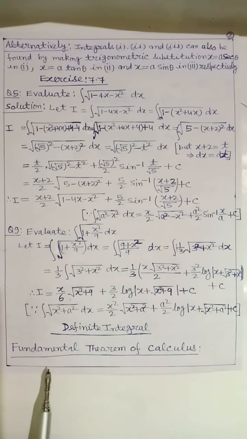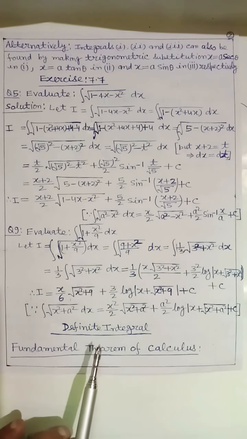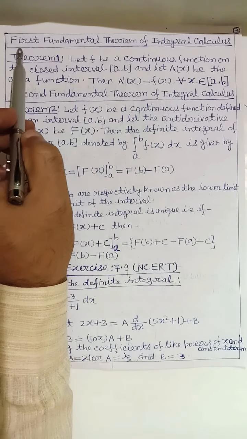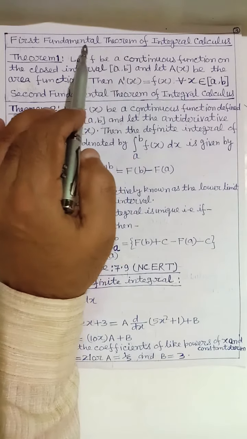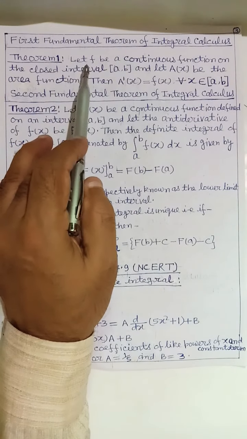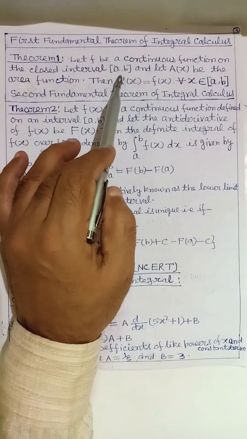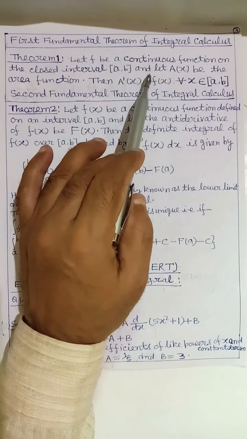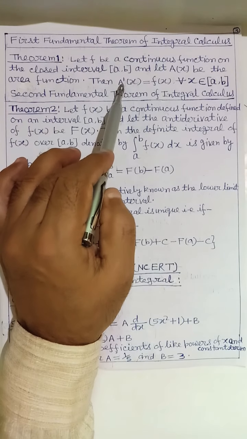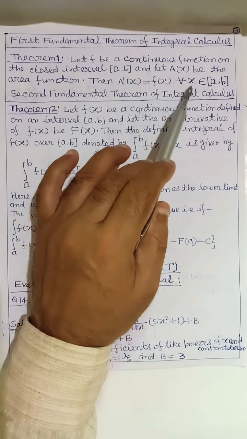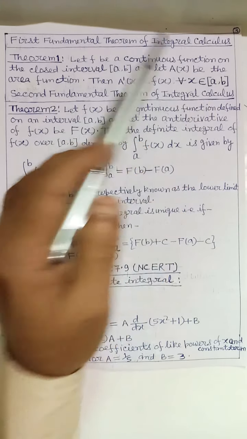First we discuss about the fundamental theorem of calculus. First fundamental theorem of integral calculus, without proof here. Theorem 1: let f be a continuous function on the closed interval from a to b, and let A(x) be the area function, then A dash x is equal to f(x) for all x belongs to closed interval a to b.